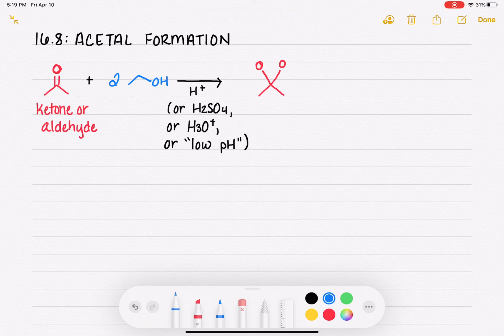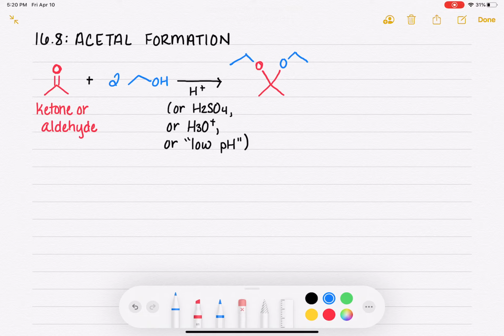And these two alcohol molecules that we have are going to attach themselves, not the whole entire alcohol molecule, will attach themselves to the oxygen atoms that have opened up from the ketone or aldehyde. And so I'm showing those in blue.